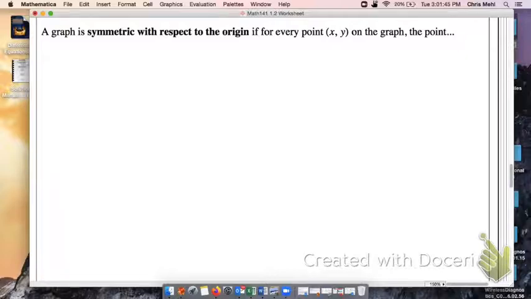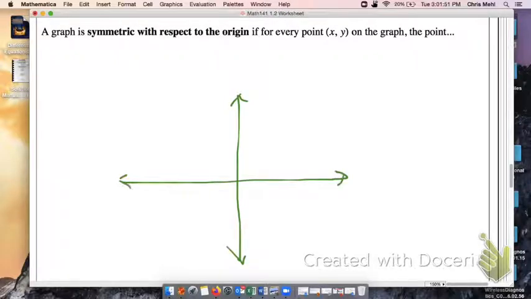Okay, the third type of symmetry is symmetry with respect to the origin. A graph is symmetric with respect to the origin if for every point (x, y) on the graph, the point... maybe this time first I want to draw a picture of a graph, and actually show you what symmetry with respect to the origin would look like first. So here's just a graph. Again, these don't necessarily have to be graphs of functions.